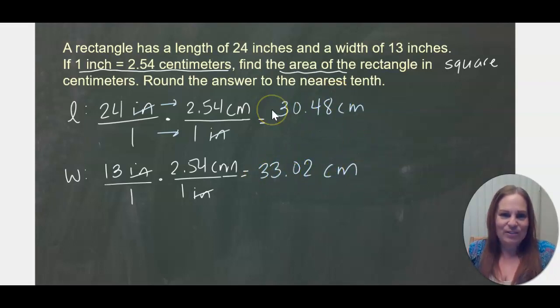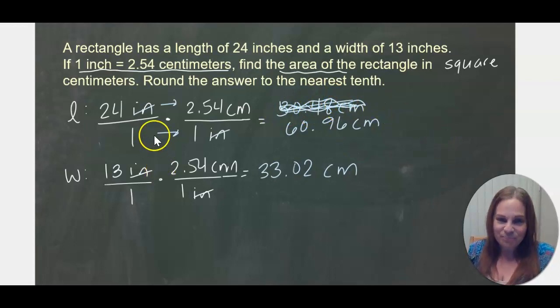Let me go back and try that one again. 24 times 2.54. Oh, you guys, I was off by a lot. This is 60.96 centimeters. All right, sorry, that was a little calculator malfunction.